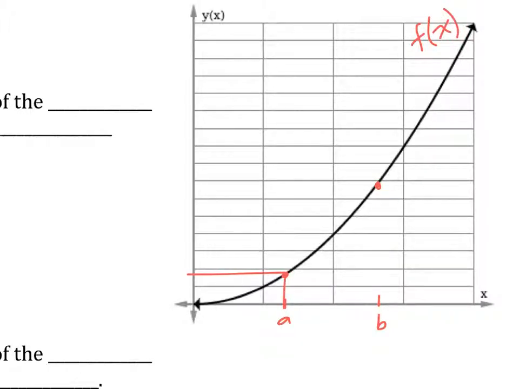If this is x equals A, then this y value is what? Yes, f of A. If this point is B or x is B, then what is this y value? f of B.